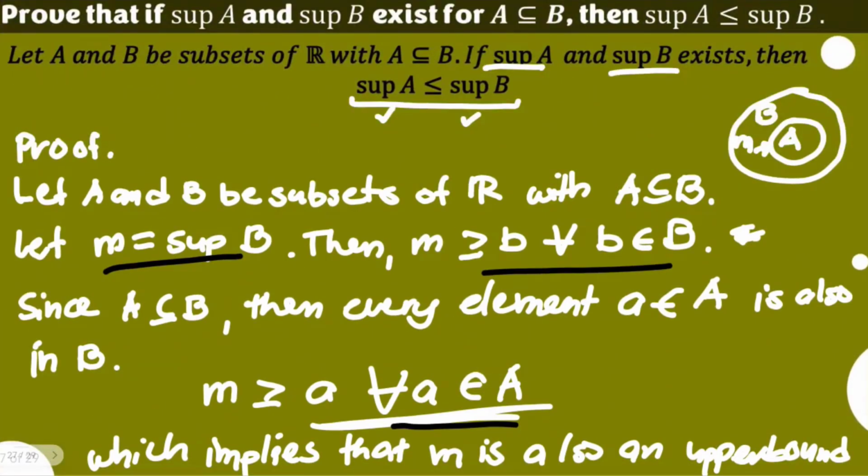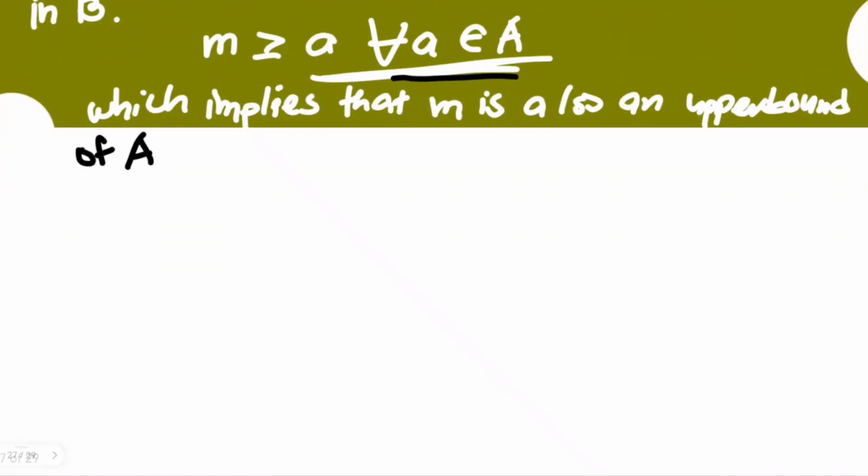M could be an element of A, or just an element of B but not of A. So here are the two scenarios.